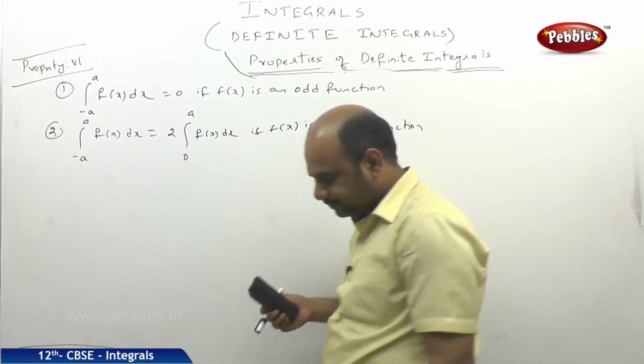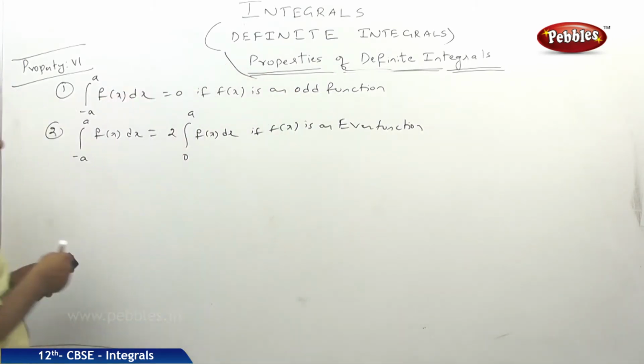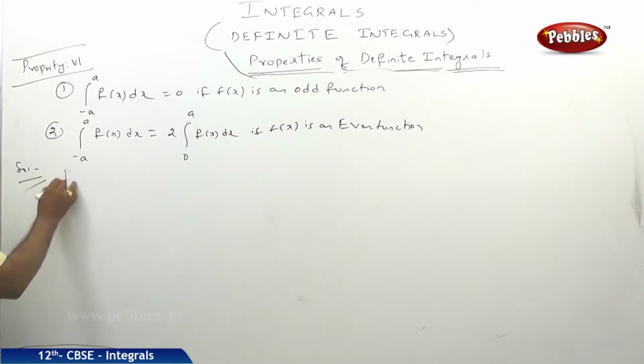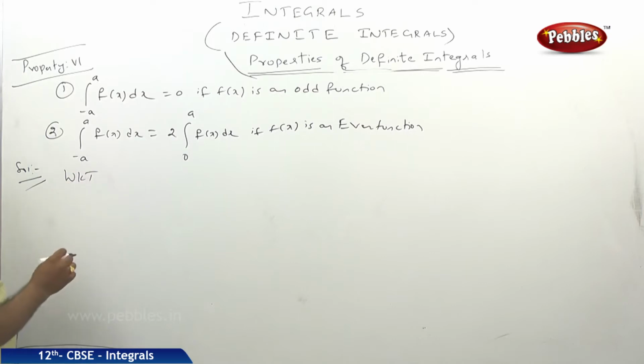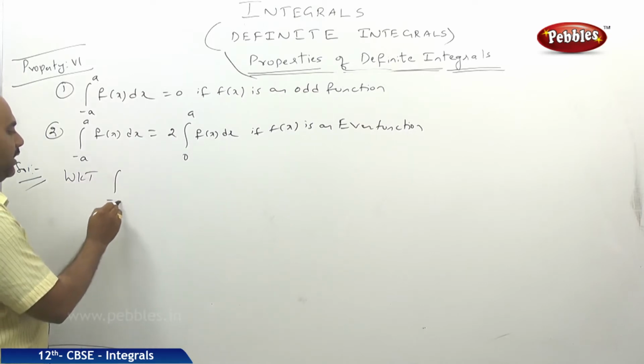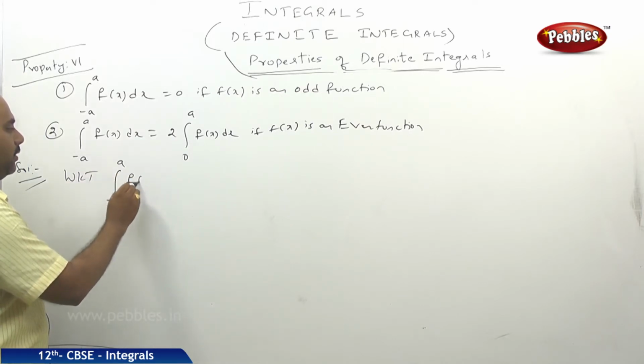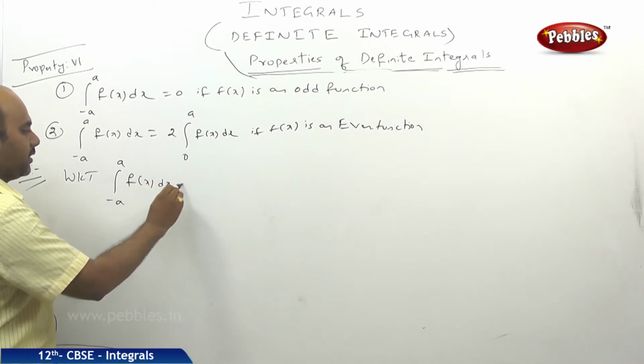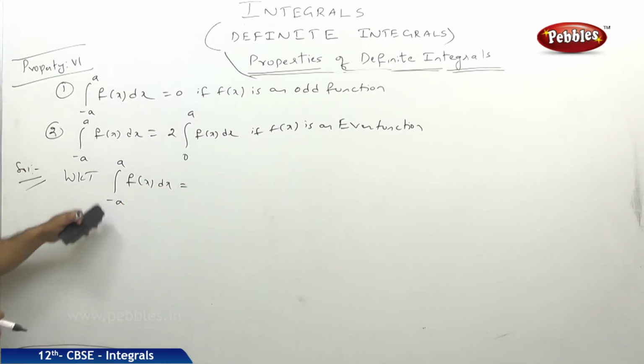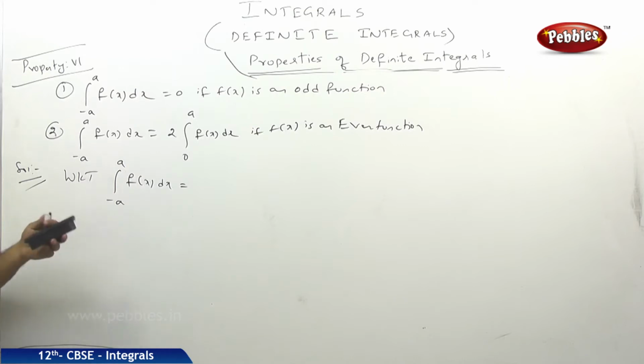So here, how can we prove? We shall be seeing. It's a lengthy proof, so we should have a little bit of patience also. We know that integral of minus a to a f of x dx is equal to, between minus a and a there will be a number 0, because minus a and a are real numbers.